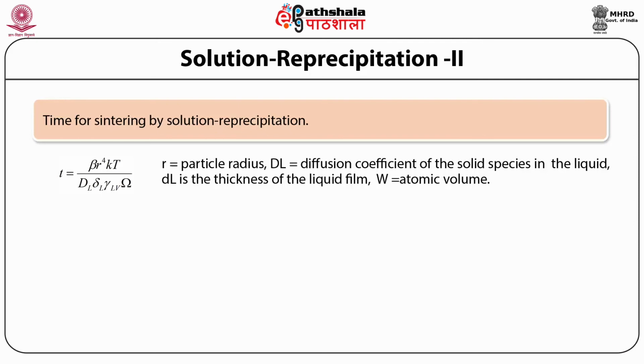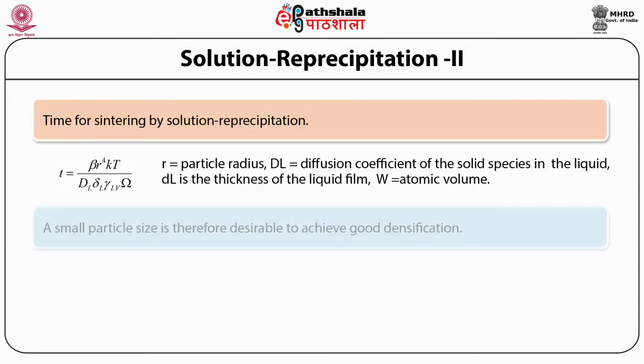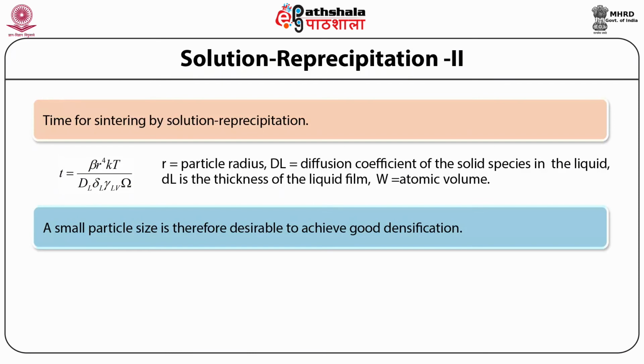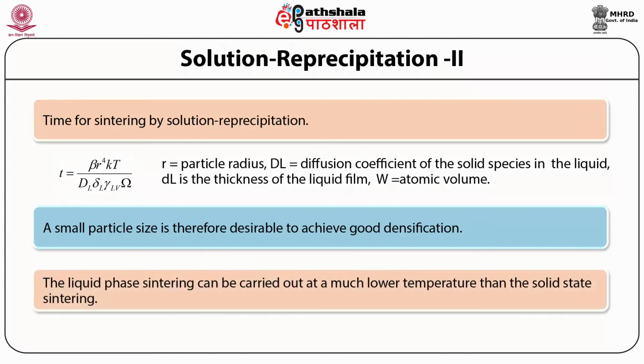Note that the time increases as the fourth power of the particle size, and a small particle size is therefore desirable to achieve good densification. As the diffusion coefficient depends exponentially on temperature, the liquid phase sintering is much more sensitive to temperature than the solid state sintering. The liquid phase sintering can be carried out at a much lower temperature than solid state sintering.